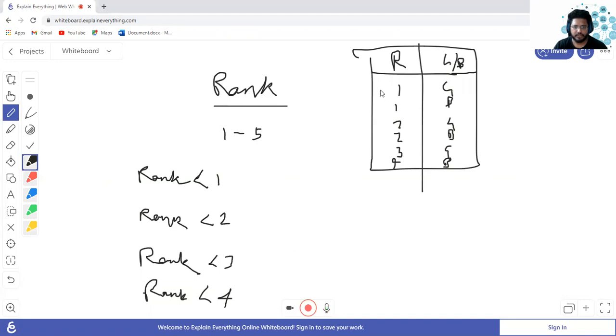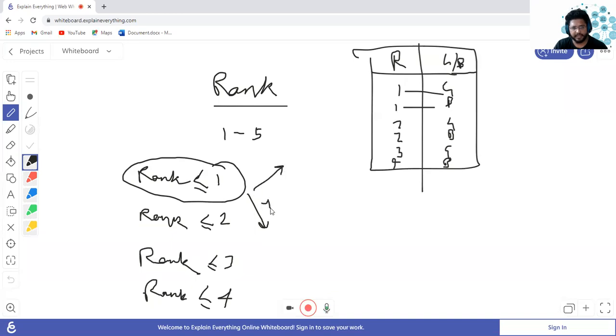Now rank less than or equal to 1, how many are there? This one. So there are two in here. So I can write this like this, and two channels I will make. Rank less than or equal to 1, yes. Rank less than or equal to 1, no.